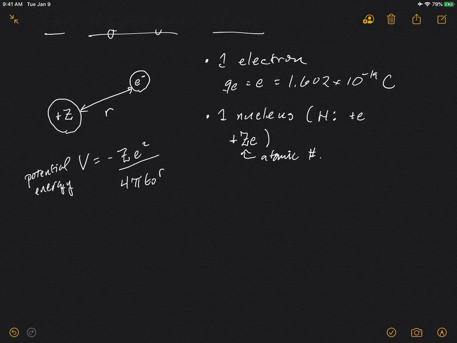And again, E squared here is the charge of an electron squared, and r is the distance, and epsilon naught is the dielectric permittivity of free space. It's kind of like free space's dielectric constant, sometimes called the permittivity of vacuum.